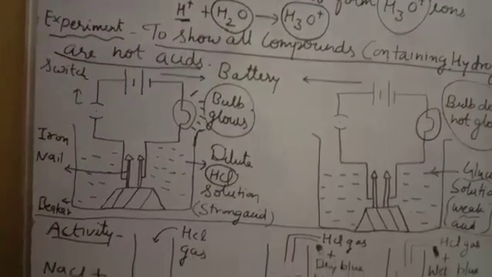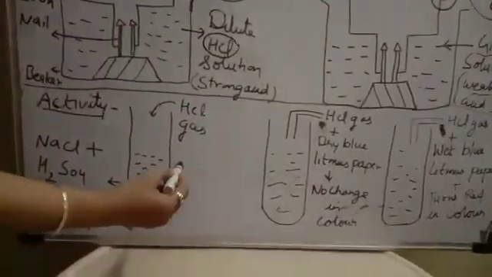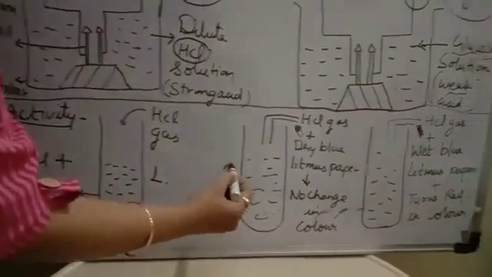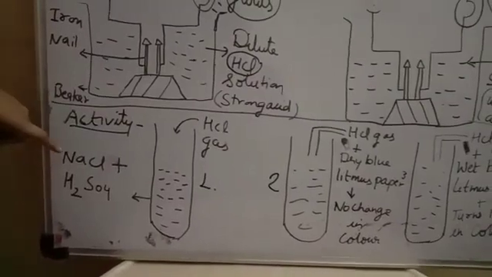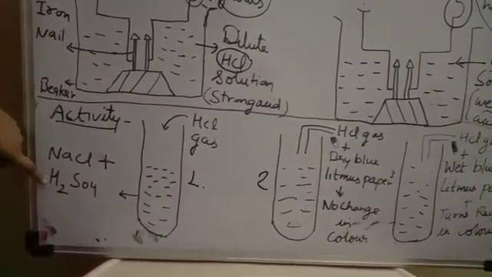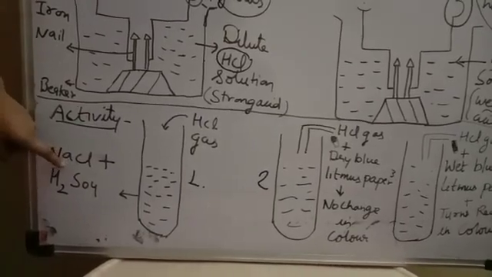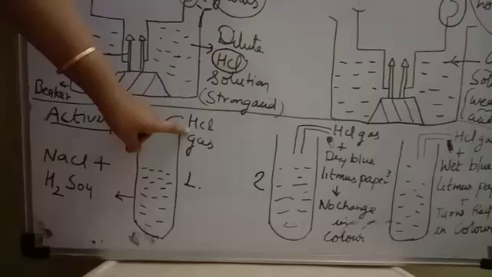Now another activity to identify this. We have taken three test tubes, 1, 2 and 3. Now in the first test tube we have taken the mixture of NaCl and sulfuric acid. When this mixture is heated, there is a production of HCl gas.